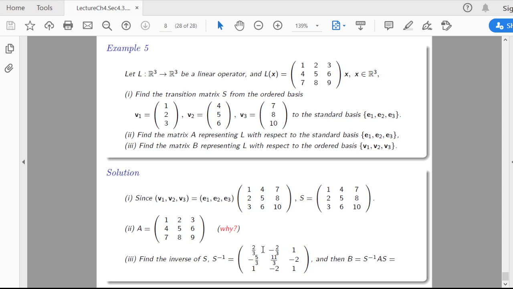The inverse is again by this form, and then we can use the last theorem to find the matrix B. So B equal to the inverse of S, then times A. A is this one, and then times S. So in that way, we can get the matrix B represent the linear operator L with respect to the ordered base V1, V2 to V3.